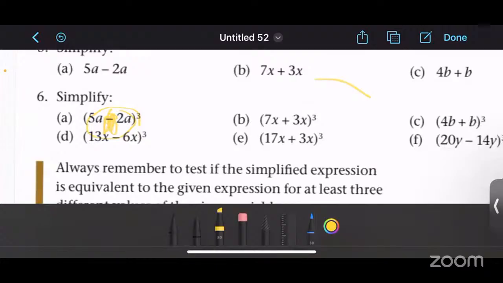How are we going to do B? Ma'am, first you add everything inside the bracket. Then the answer for that will be inside the bracket, you write 10x to the power of 2, close bracket, to the power of 3.